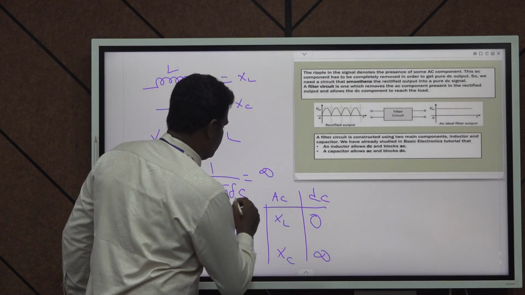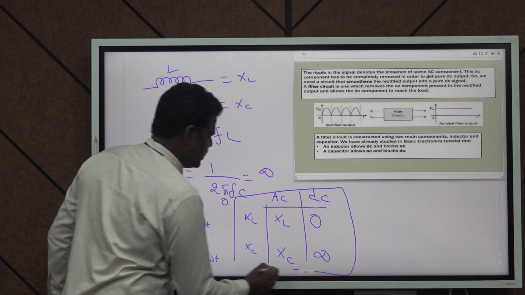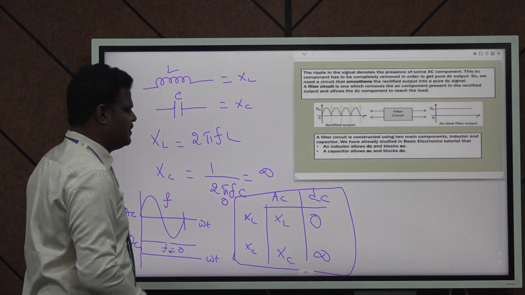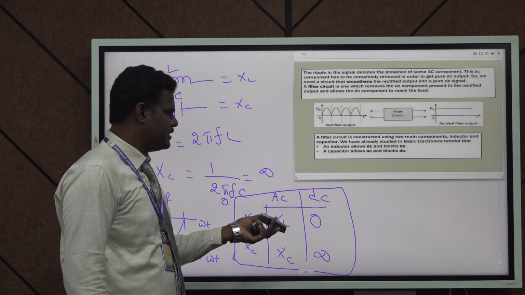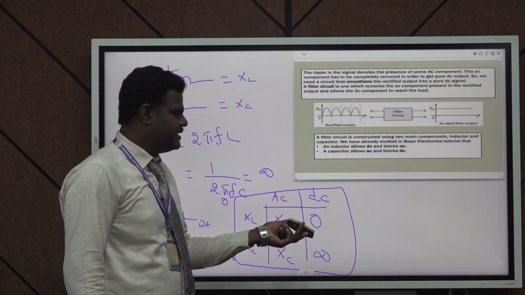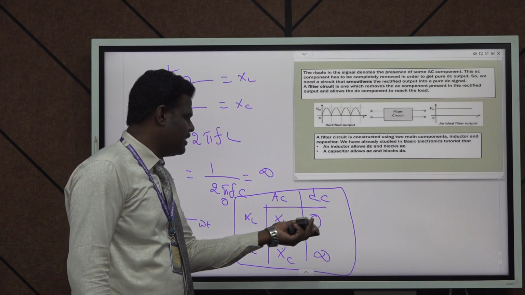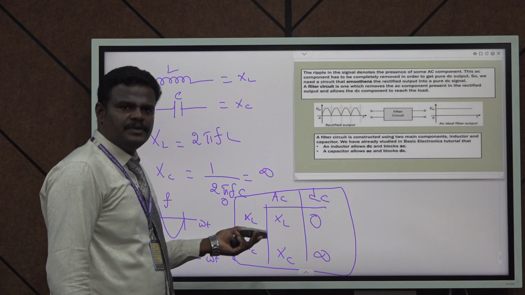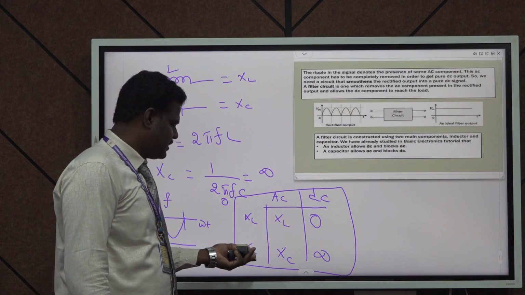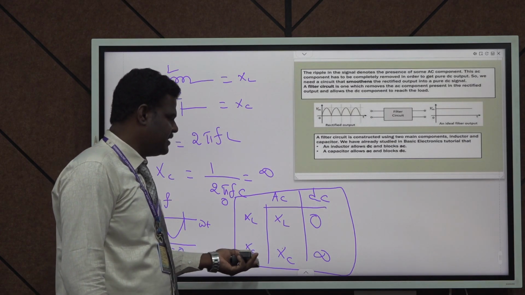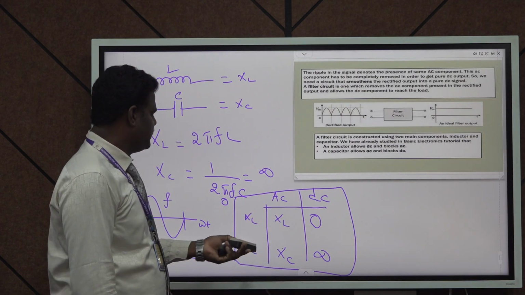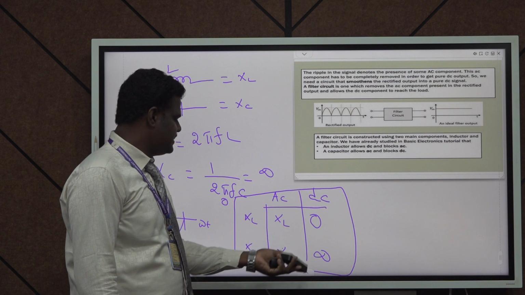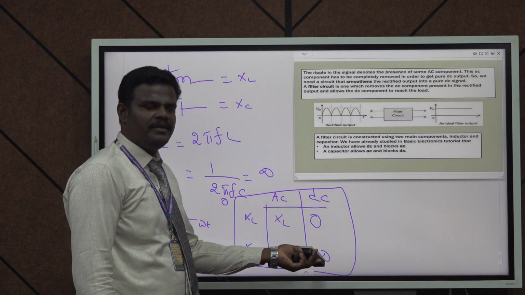This property is very essential to understand the filter concept. In AC, the reactance offered by the inductor is XL. In case of DC, the reactance offered by L is 0. Similarly, for the capacitor, in case of an AC circuit the XC value is there, and in case of DC, the XC value becomes infinity.